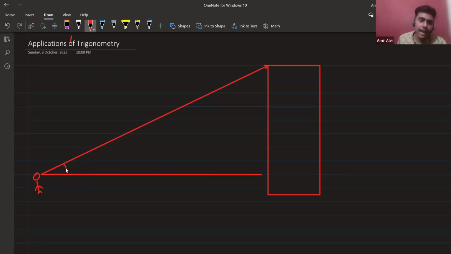Can anybody tell me what's the name of this angle? How many of you took the introduction of this chapter before coming to the class? Angle of elevation. Or you can say angle of inclination, because it's also an inclined thing. Is everybody clear with it? Any doubt in this?